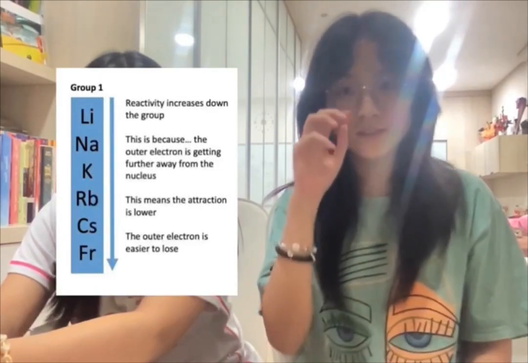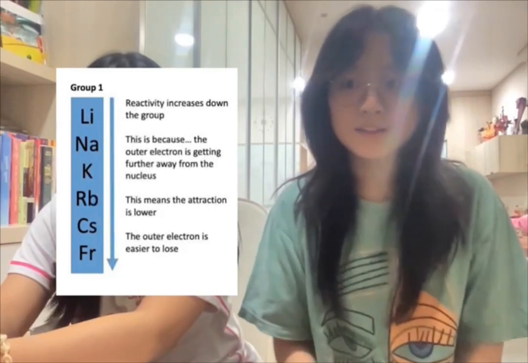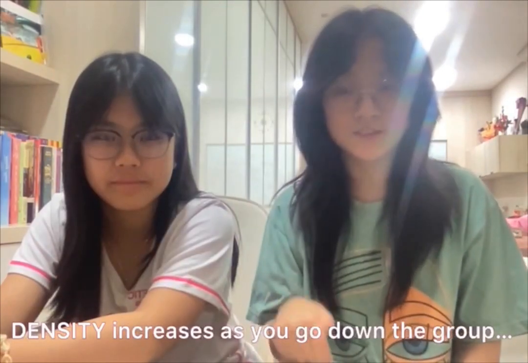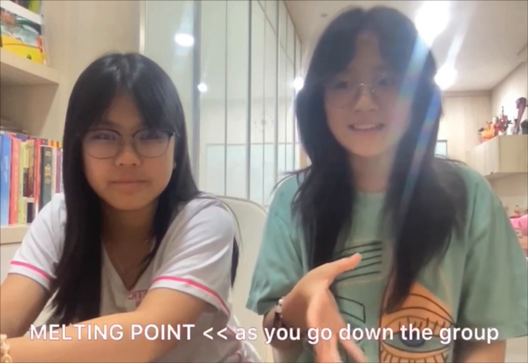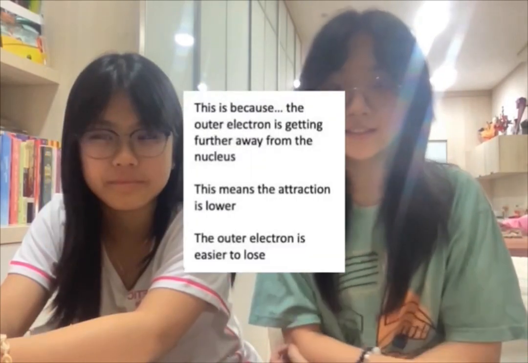As you go down the group, or the columns in the periodic table, alkali metals tend to be more reactive. The density also increases as you go down the group, but the melting points decrease. Why? It's because of the shielding effect.